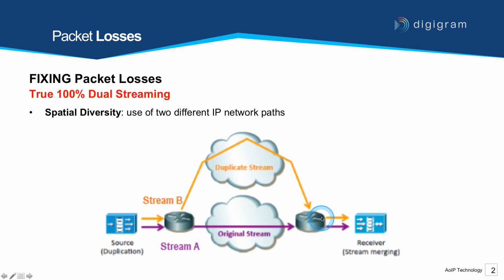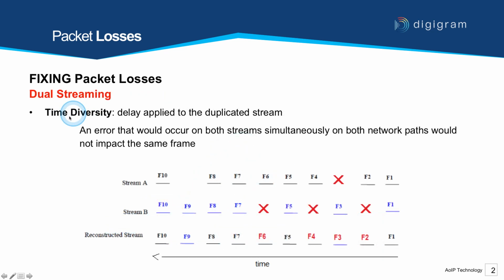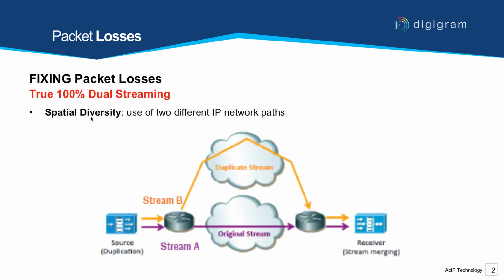Then when it's received at the decode side, if something were to happen to the original stream, we have the duplicate stream. In addition to it taking a different path, which is what we refer to as spatial diversity, it also can be delayed, with a concept called time diversity. And that means this stream can be delayed so that if there is a catastrophic event over the internet, we're not having it occur on the same datagram or packet sequence.